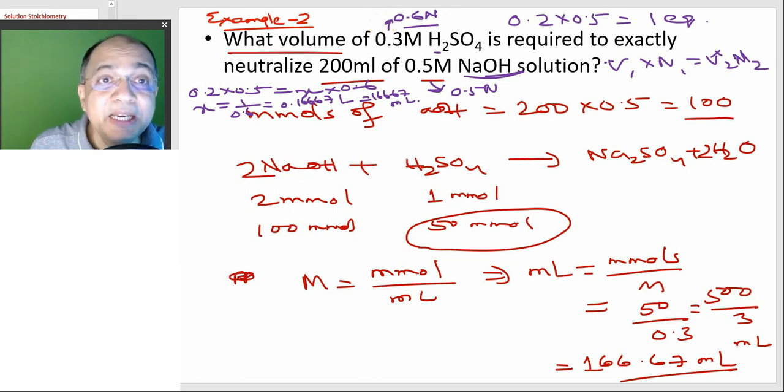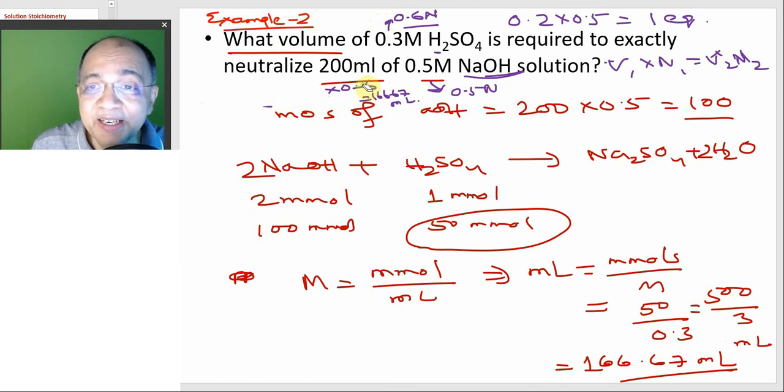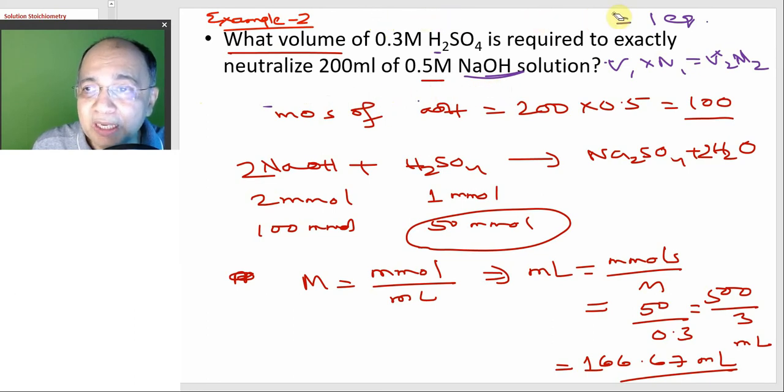So let me rub it off, because I have not done it officially. I did it out of the way, to show how easy it is to solve problems on the basis of equivalence, V1N1 is equal to V2N2.